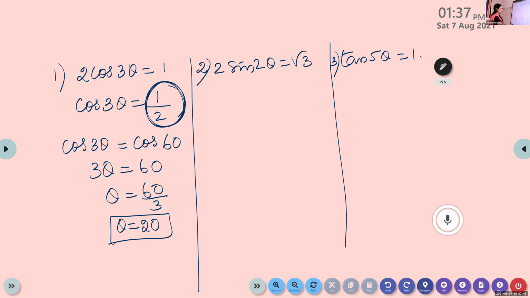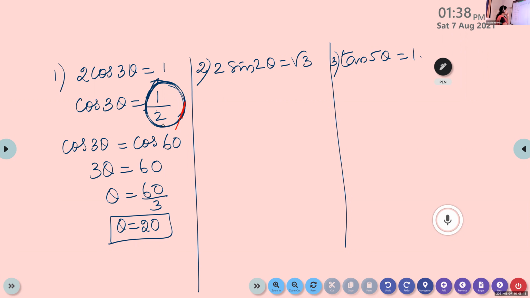Is it okay, children? 2 cos 3 theta is 1. Taking 2 to the other side, it becomes by 2. In LHS we have cos, so here also we should write 1 by 2 in terms of cos.